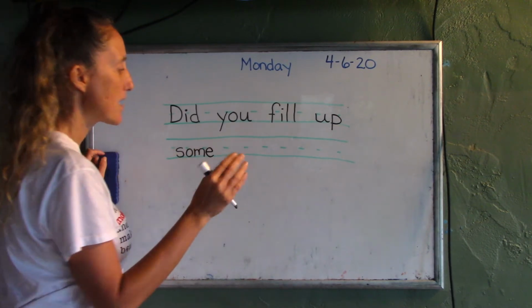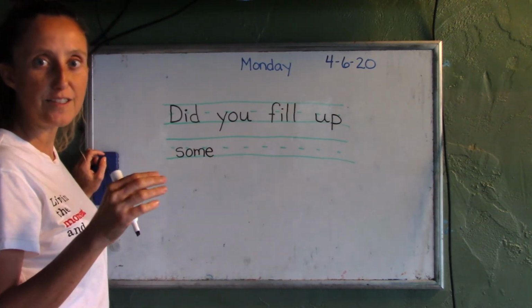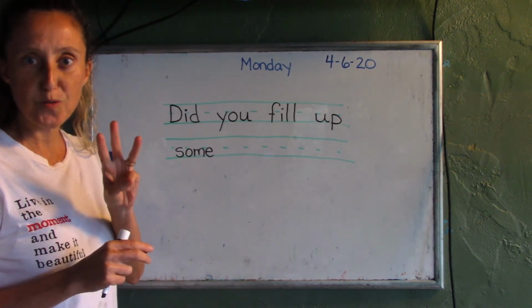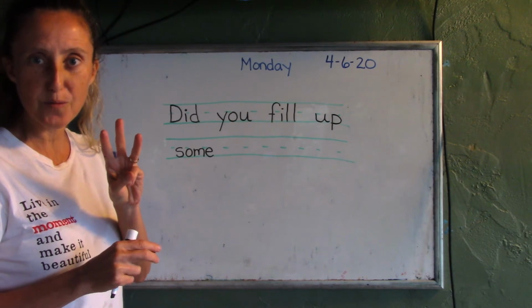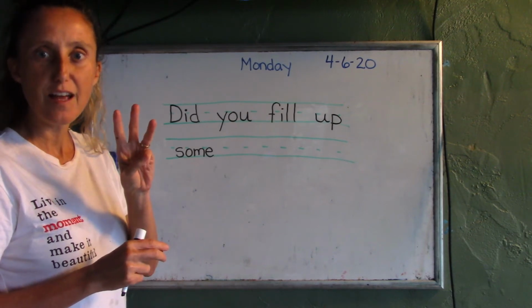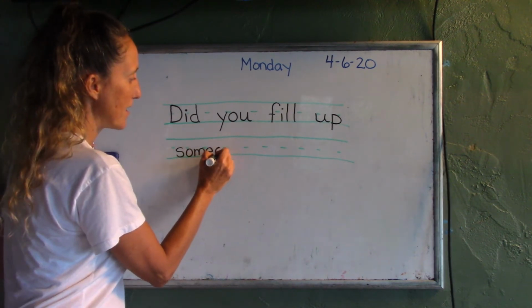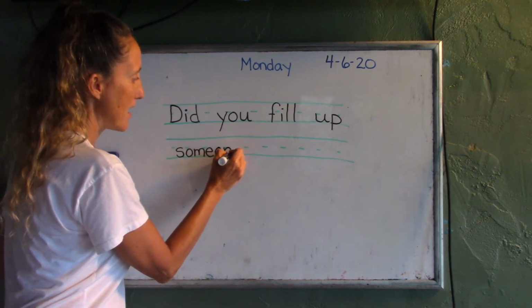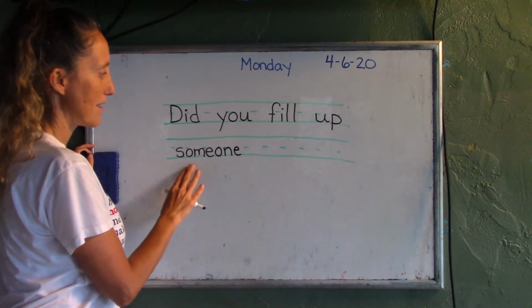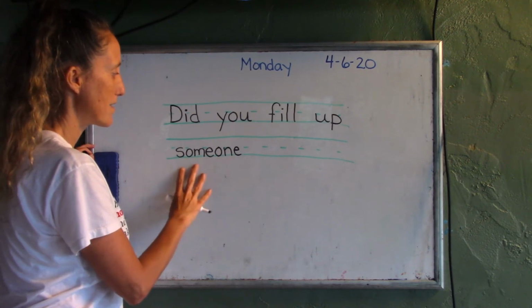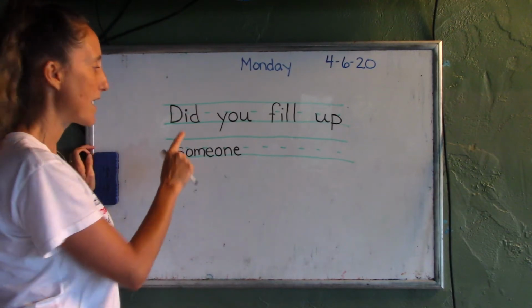Now we're going to spell the next word, which is one, just like the number 1. And it's 3 letters, right? Do you remember the 3 letters in the word one? O-N-E. And we're just going to connect it right there with the some. O-N-E to make the longer word, the compound word, someone. Someone. So let's read so far what we have.